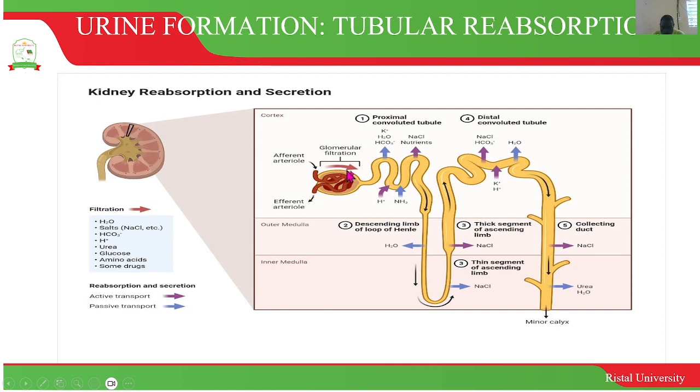And so what happens here is now our filtered fluid containing all these things that we have talked about. Now this one will move through the capsule, the tubule, and then it goes to our first proximal convoluted tubule. As this filtered fluid is going, already at different levels, different ions are leaving. We have potassium. Most of the potassium here is getting out through passive transport.